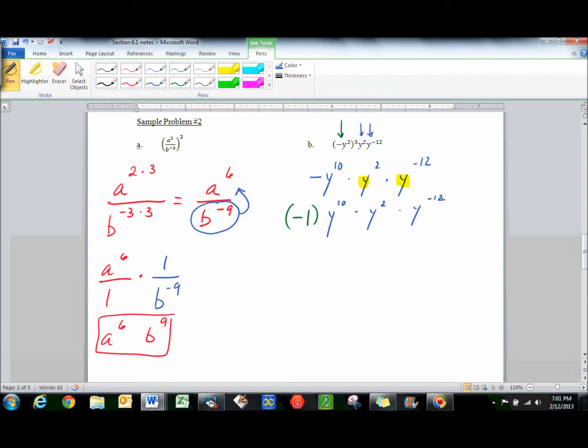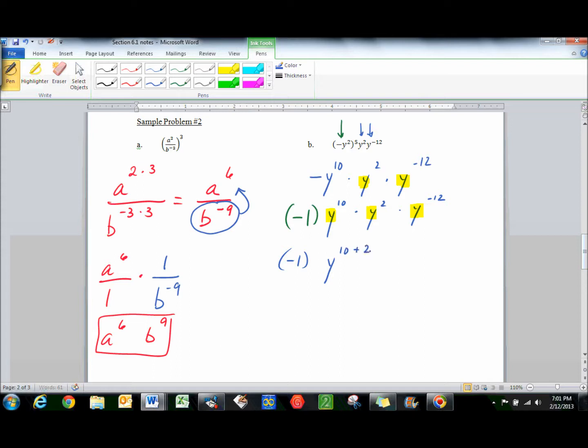Now, before I move that negative exponent, y to the negative 12, to the bottom, I want to go ahead and do my consolidation first. Since each one of these now has a similar base, I can put those together, and then I'm going to add the exponents.